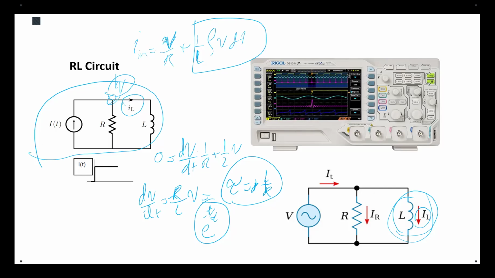Now, you wanted to measure the current, but the tool you have is to detect the voltage. So what you have to do is change the current to the voltage. How can we easily change the current to the voltage?